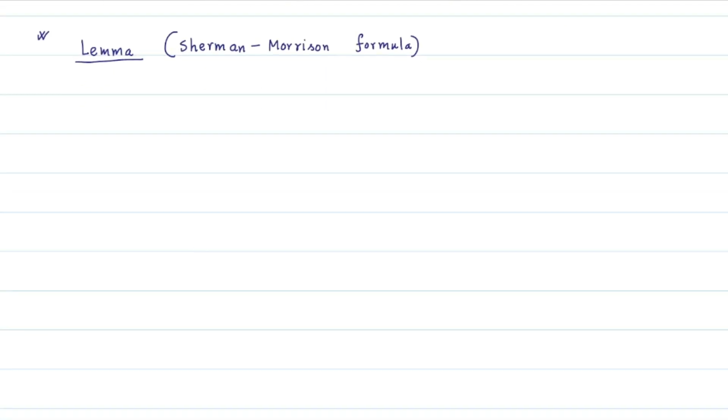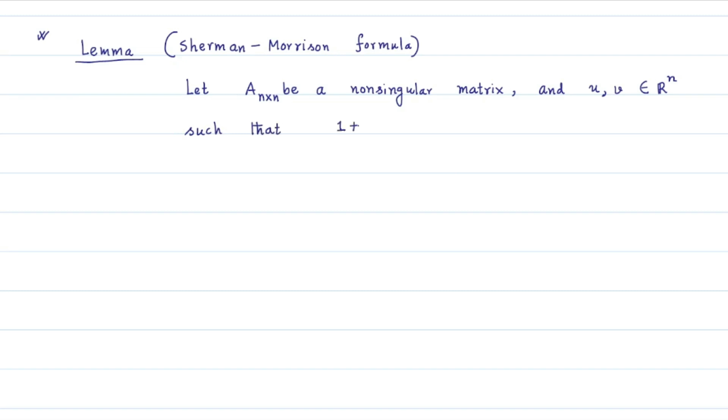Let capital A be a matrix of order n by n that is non-singular, and U and V are two column vectors in Rn such that 1 plus V transpose A inverse times U is not equal to 0.